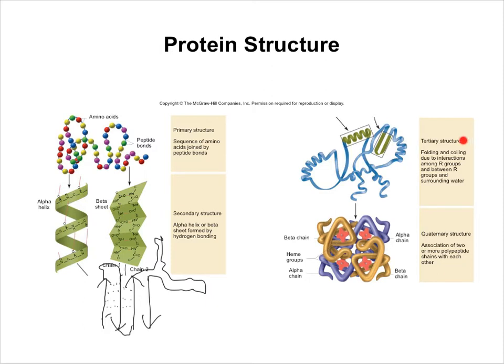This tertiary structure is determined by interactions between the R groups, right? And there's a bunch of different types of interactions. Like maybe this R group over here is positively charged, and this R group over here is negatively charged. And so they have a charge-charge interaction.